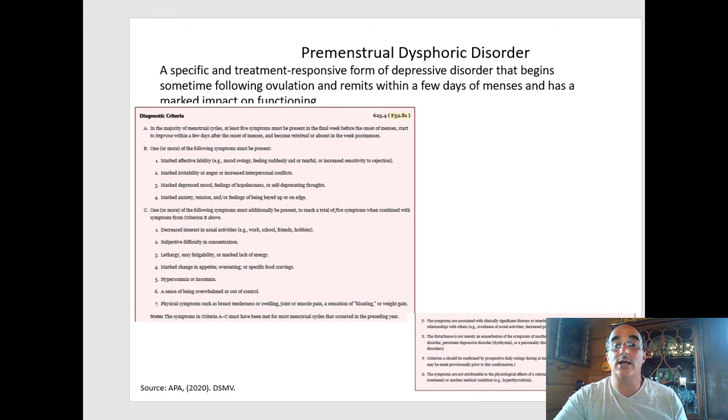Again, take the time to look at the diagnostic criteria for this particular disorder, but remember that this disorder, like any other disorder, must demonstrate criteria and diagnostic factors that have a significant impact on one's ability to function.